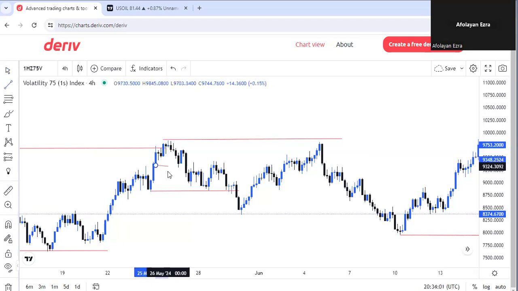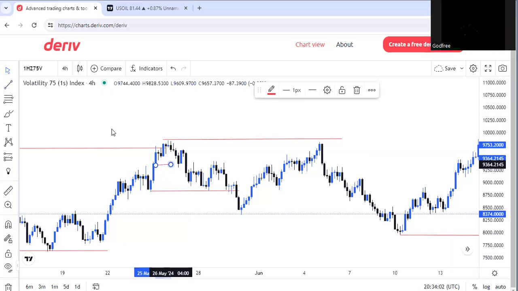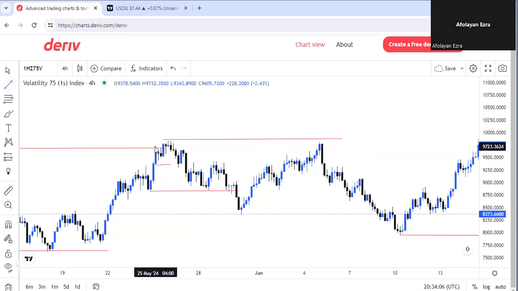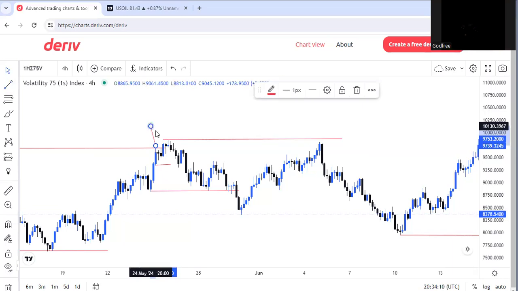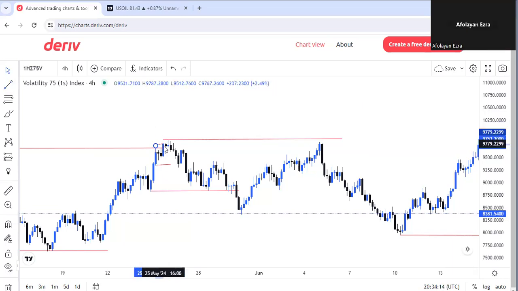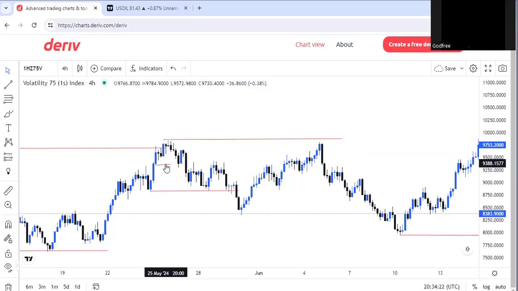If this low is taken, price now has to come and take the high. So price has to take both the low and the high. It's the same rule for all of them. So that's why it's not valid. Do you get it now? All right.